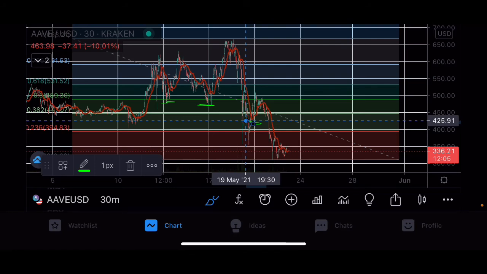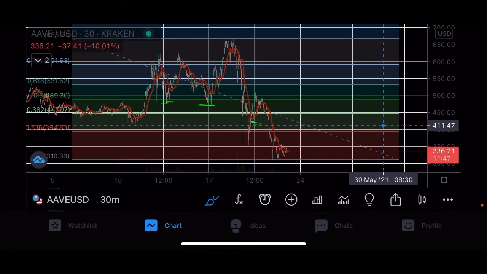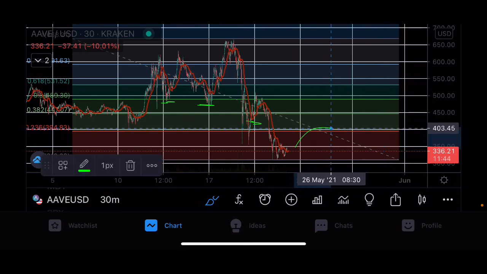It's safe to say that until we can establish and get above this level right here, or around the 400, 413 maybe, and start to trade north of here and consolidate there, then I can see where we can make these levels of support again.